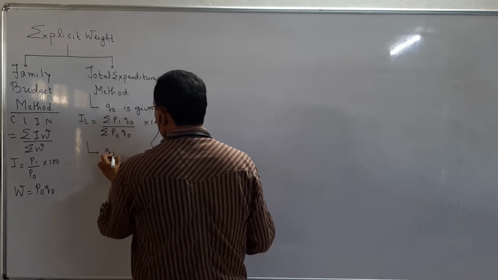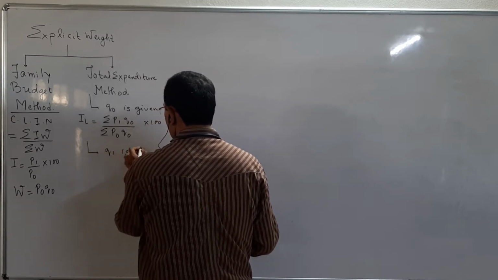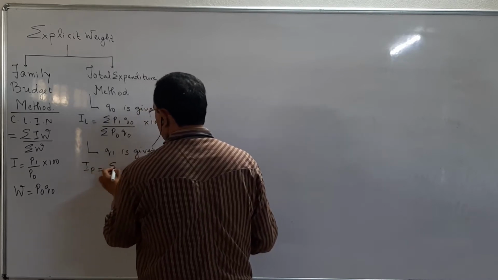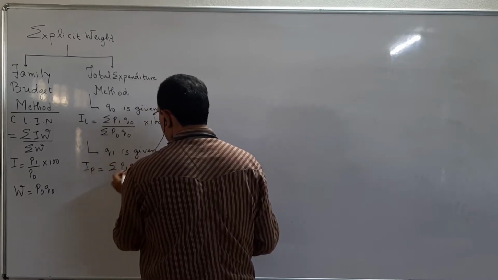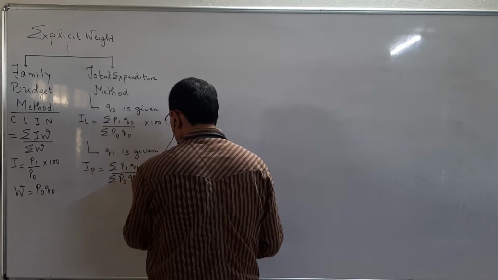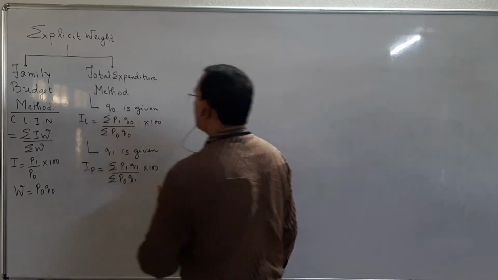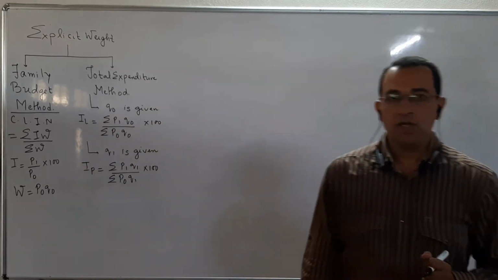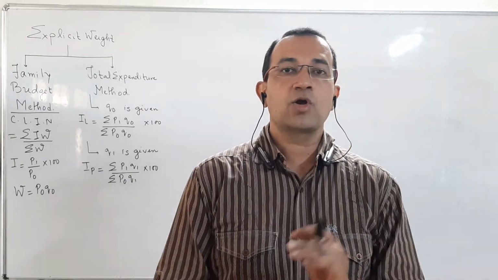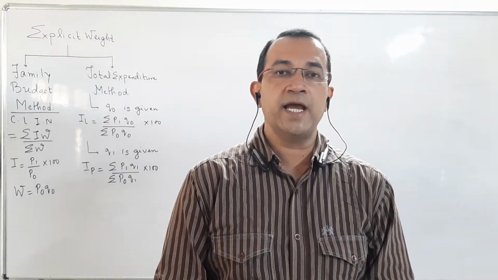And when Q1 is given, we use Paasche's formula, which is sigma P1 Q1 upon sigma P0 Q1 into 100. So, in a nutshell, this is a revision of formulas for cost of living index number.